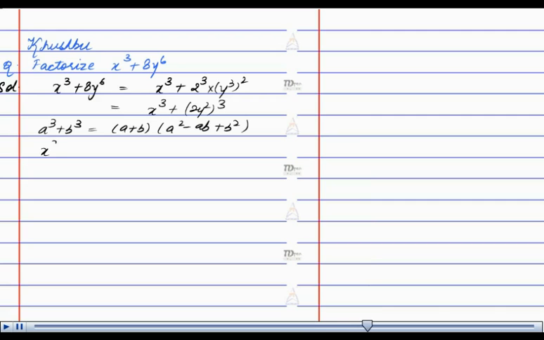Therefore, x cube plus 8y to the power 6 can be written as (x plus 2y square) whole into (x square minus 2xy square plus 4y to the power 4). This is the required factorized expression.